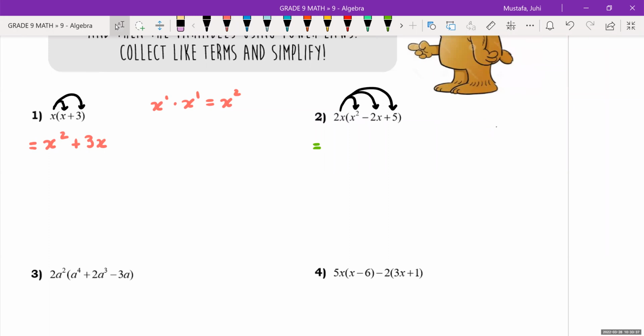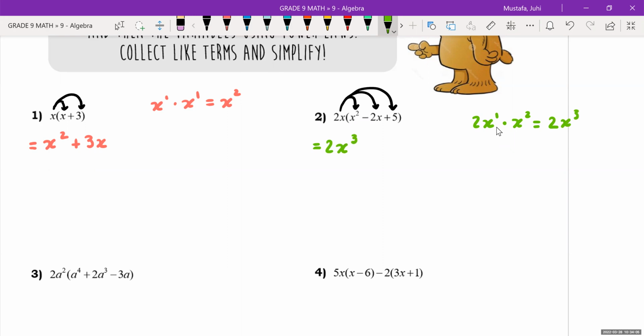So the first term we're multiplying is 2x to the power of 1 times x squared. This is like what we did before when we were multiplying monomials. You first multiply the coefficients. 2 times 1 is just 2. What's x times x squared? X to the power of 3. Good. So that first term is going to be 2x to the power of 3.